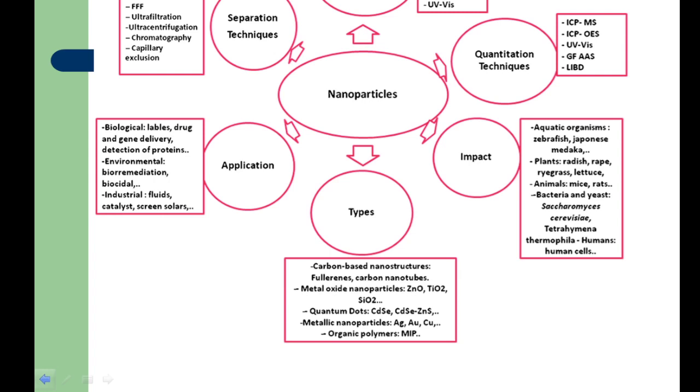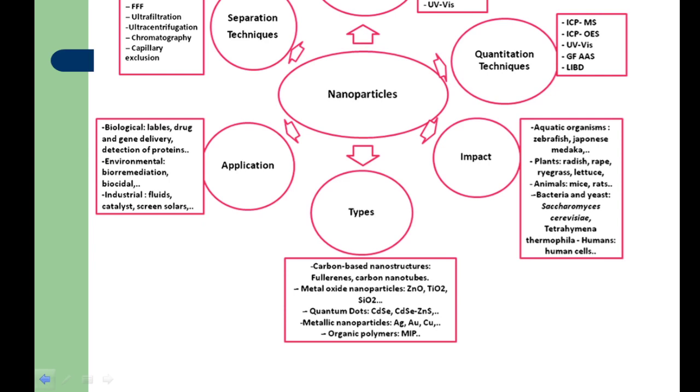One of them I mentioned is ultrasonication. You have to ultrasonicate it very well to avoid agglomeration. So many people use chromatography, ultracentrifugation. You can also use centrifugation as a means of separation.